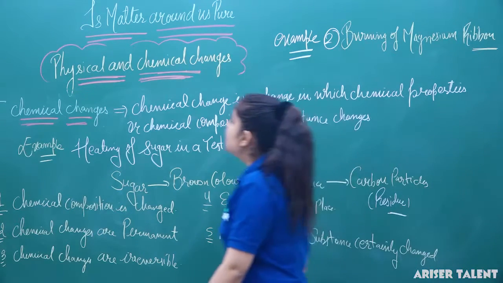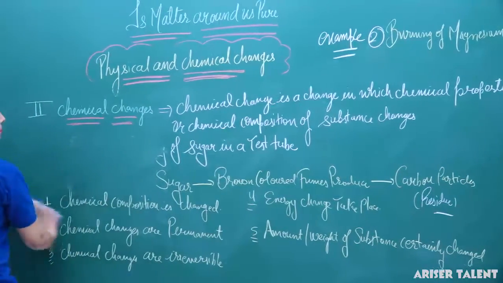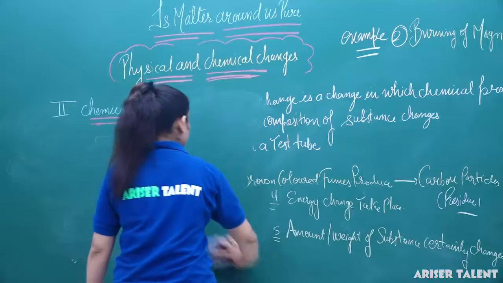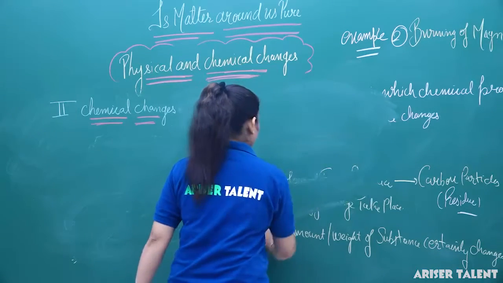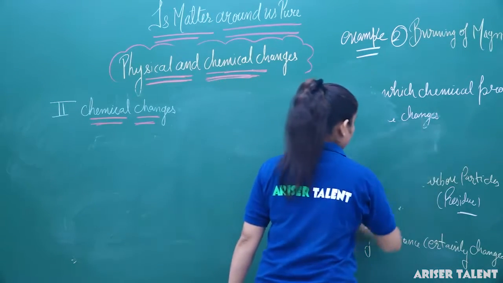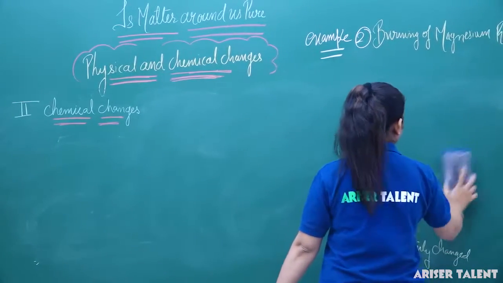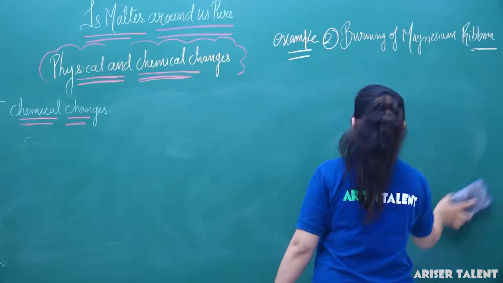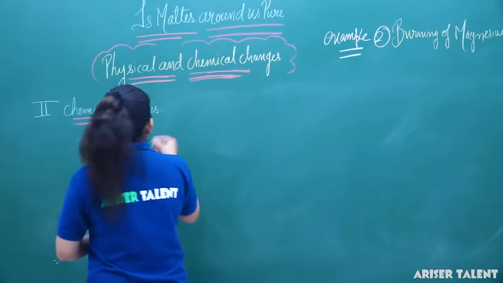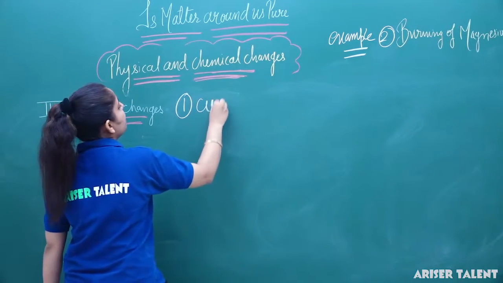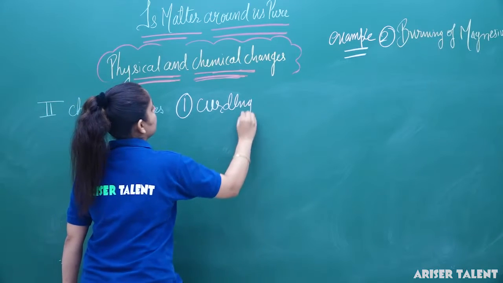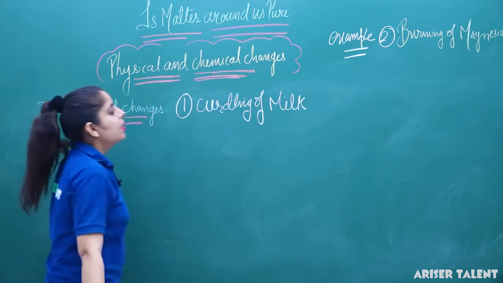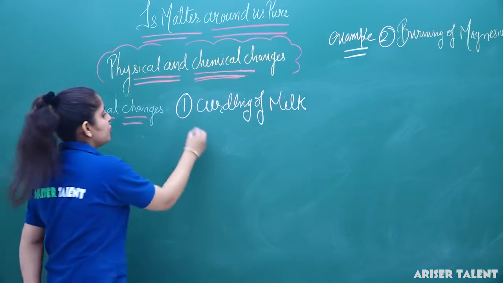So the next examples are: the first one is curdling of milk. Curdling of milk is a chemical change.